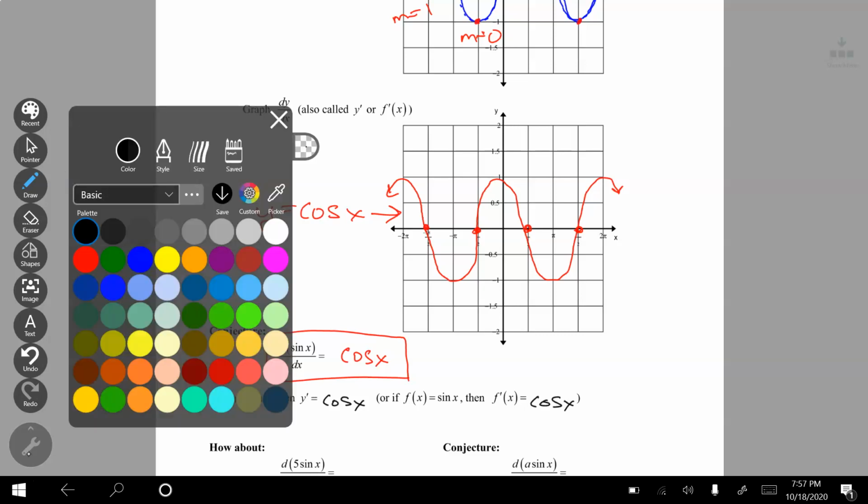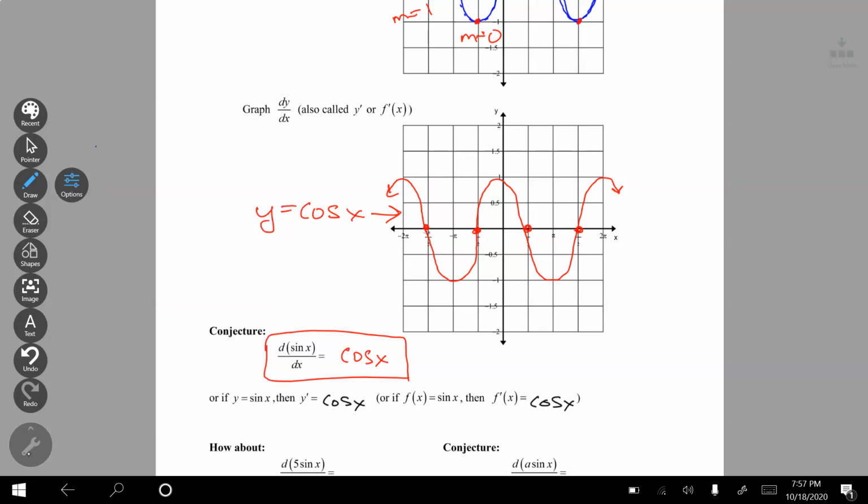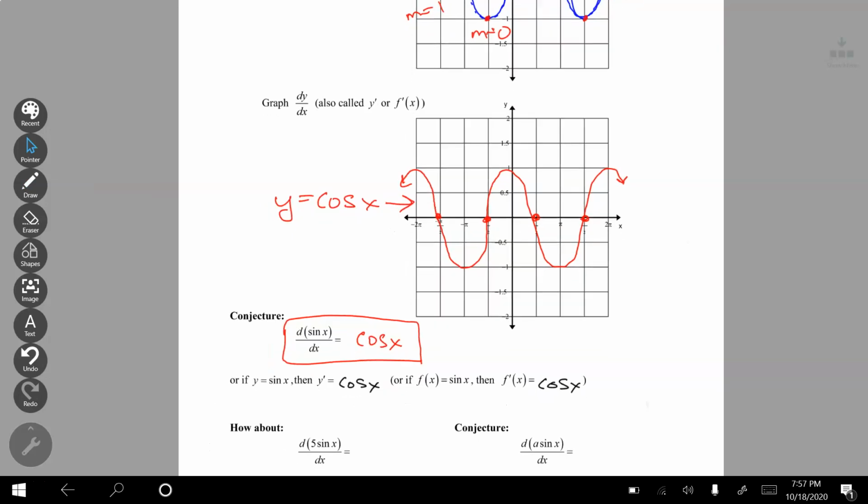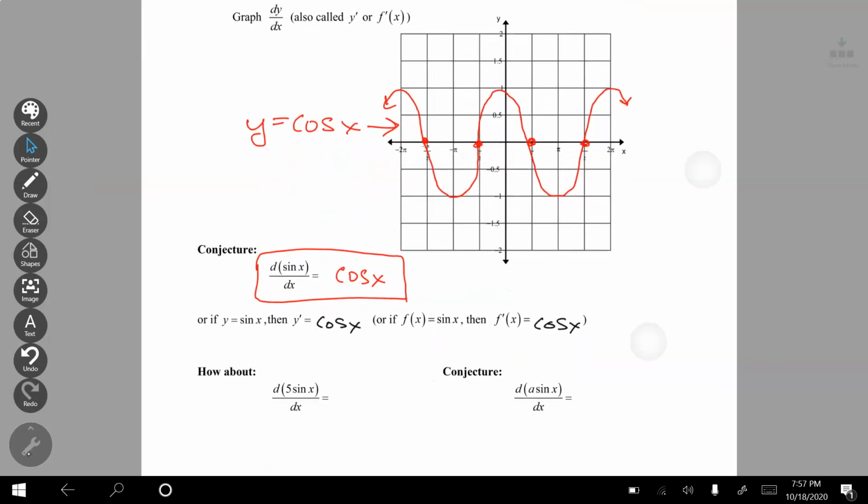And then we have this other thing. When we have what I call coefficients up front, they just go for a free ride. So if you have 5 sine of x, its derivative is 5 cosine of x. If it's a times sine of x, it's a times cosine of x is its derivative.